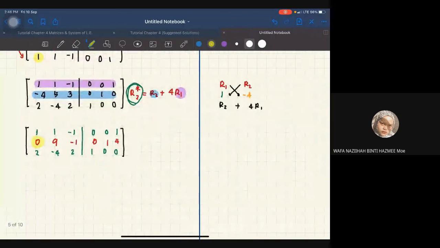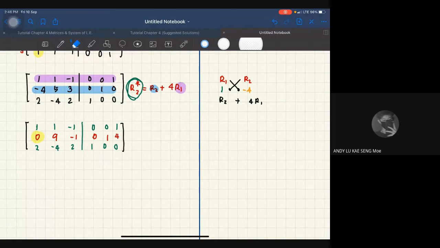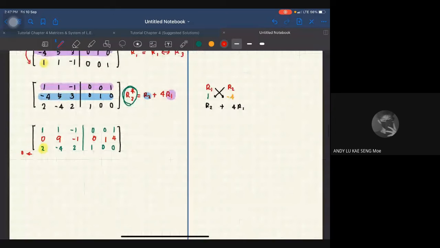Kita akan buat lagi cara yang tadi. Okay, so sekarang row yang awak nak tukar is row yang ketiga. So awak tulis dulu row ketiga kat sini. Okay, and then kita punya leading diagonal for the first column is this one dan dia dekat row yang pertama.